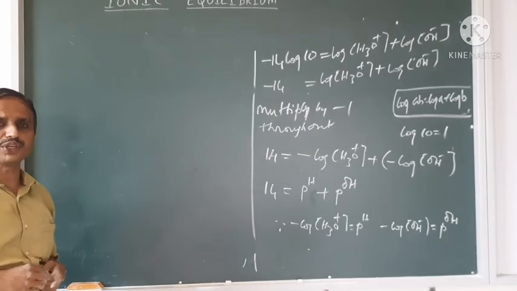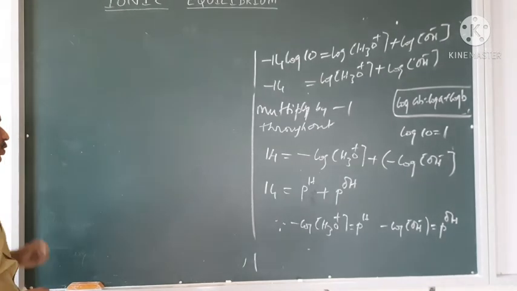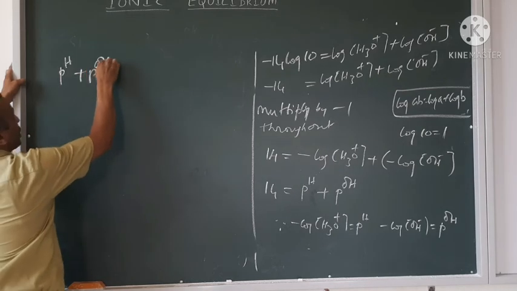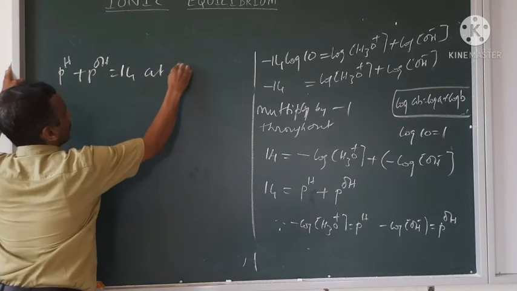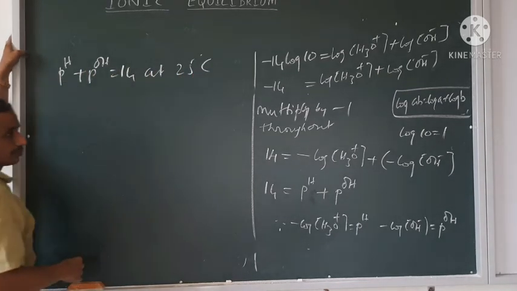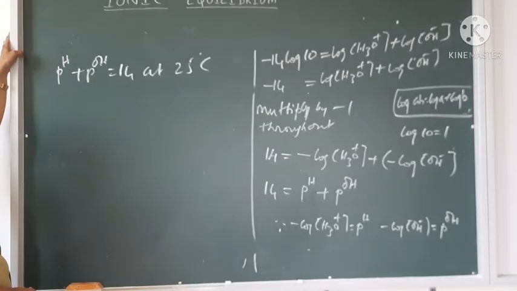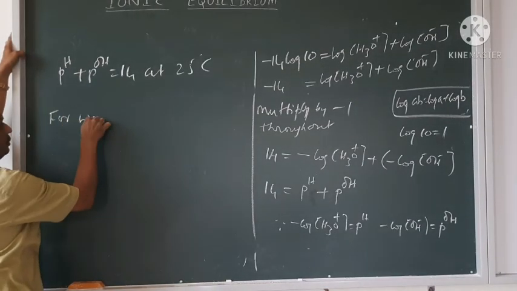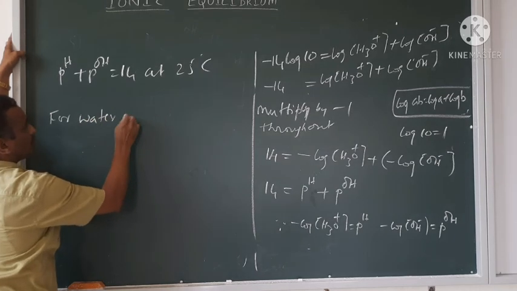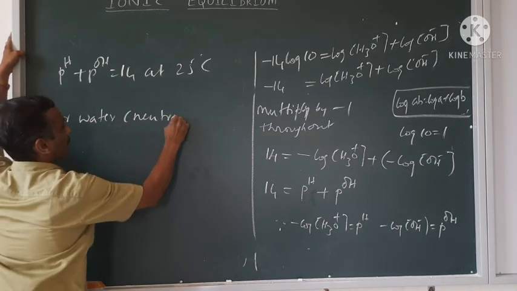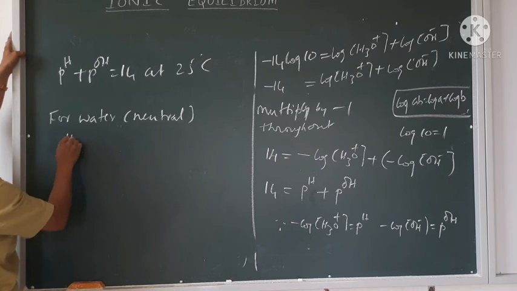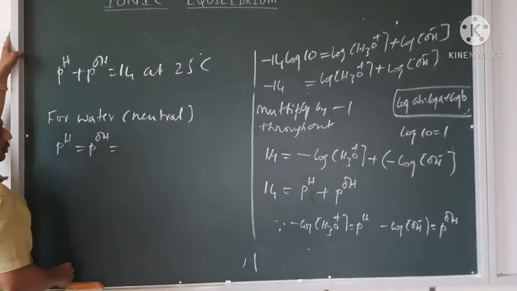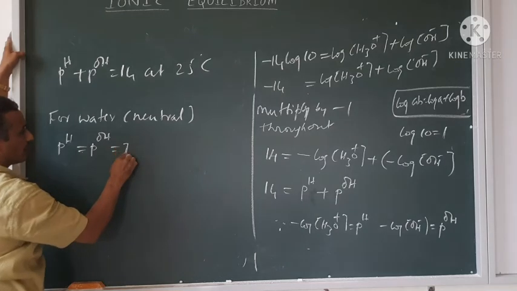Now, what is the value of pH for water at 25 degrees Celsius? See here, pH plus pOH is equal to 14 at 25 degrees Celsius. So for water, which is neutral, pH should be equal to pOH, only then it is neutral. So pH 7 will be there.